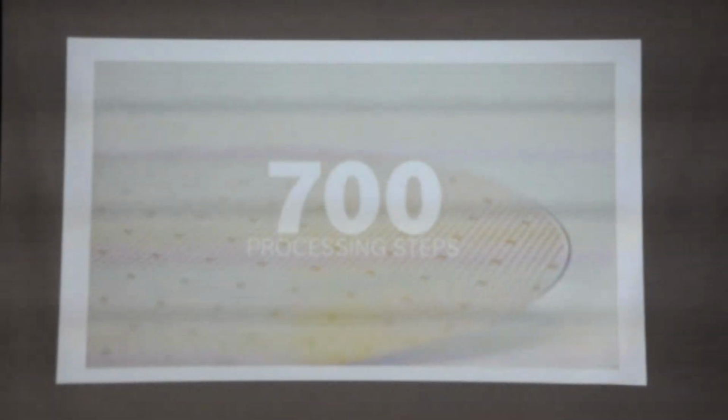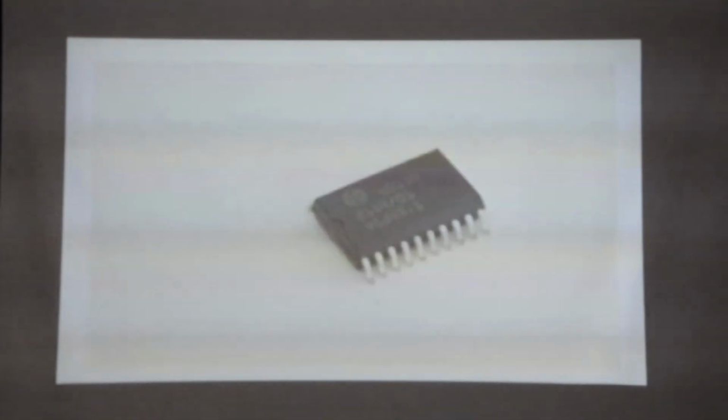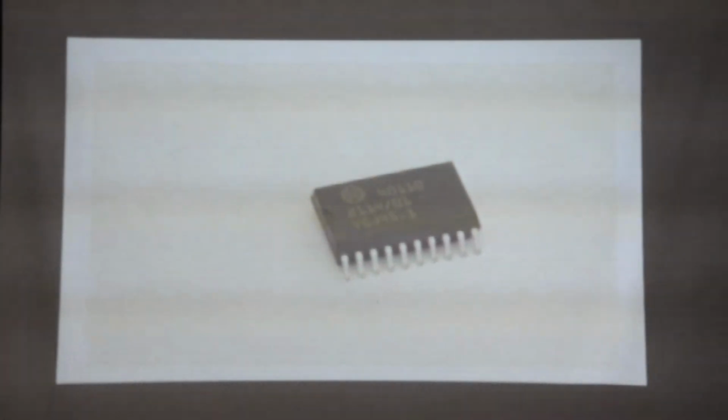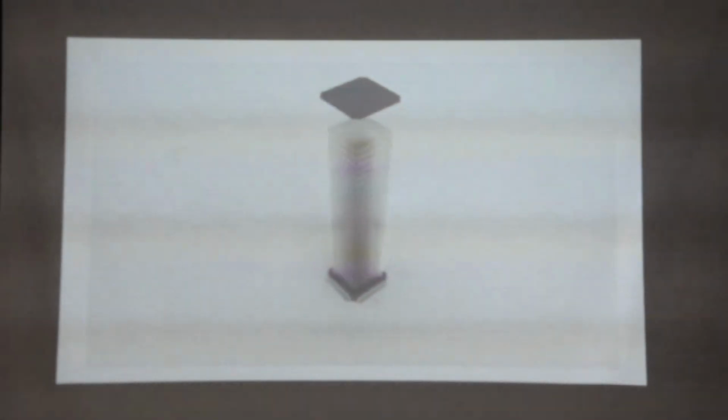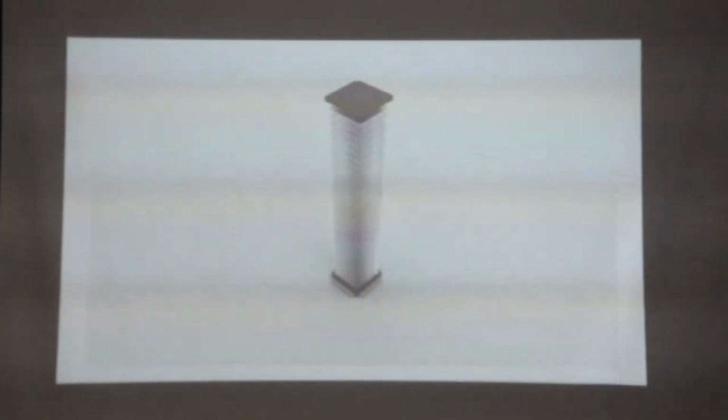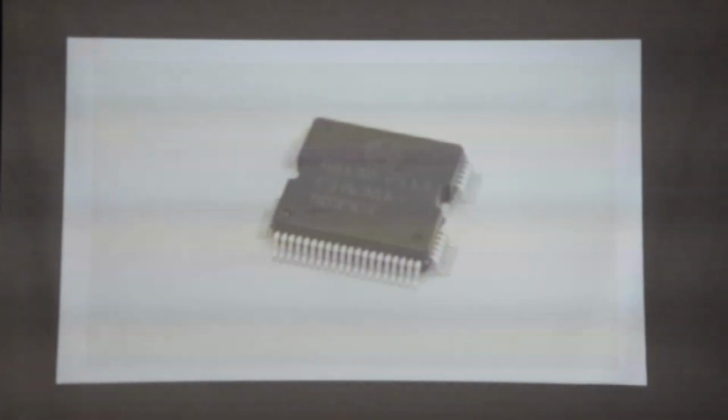Up to 200 measurements are done, and up to 26 exposures. All in all, this can mean as many as 700 processing steps and 14 weeks processing time. Once this is completed, the microchip is assembled from as many as 30 such layers, like a mini skyscraper. Each layer has its own function. Interconnecting them makes the microchip highly complex. Semiconductor chips, the building blocks of our future.